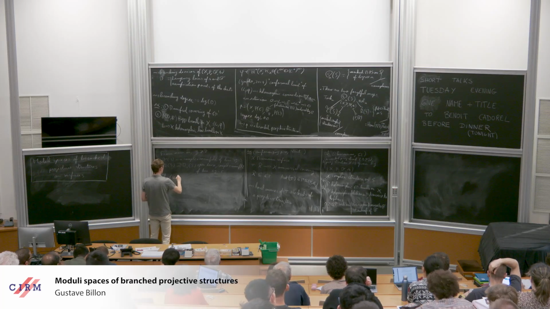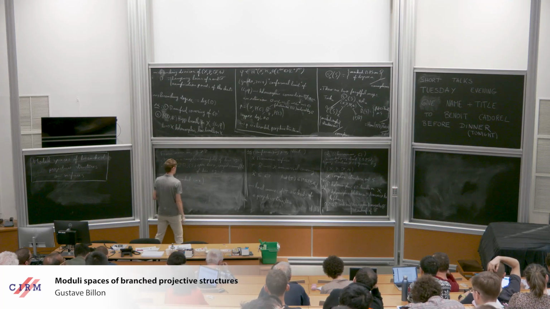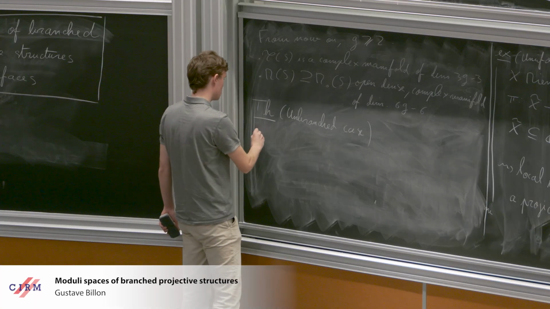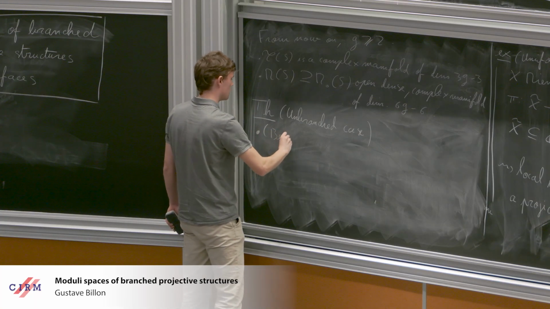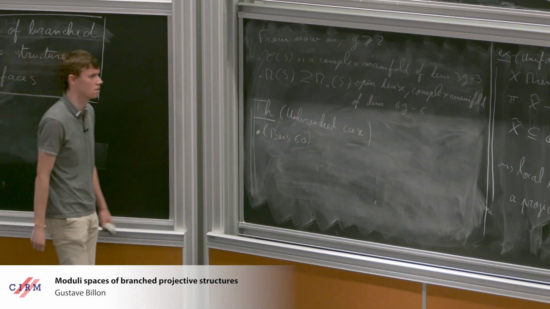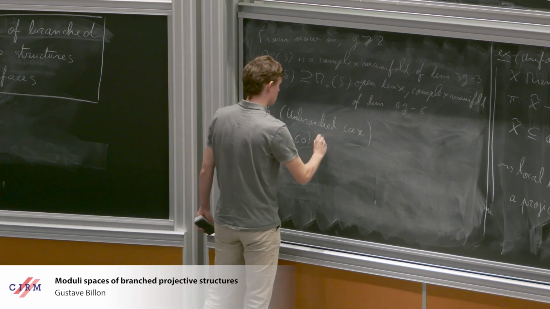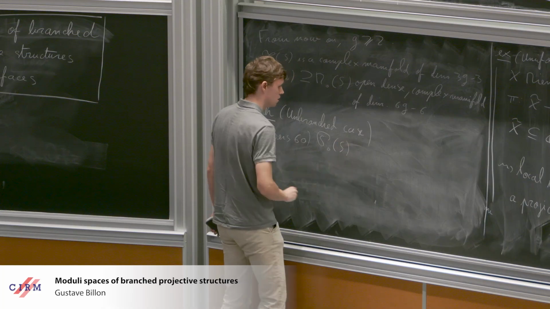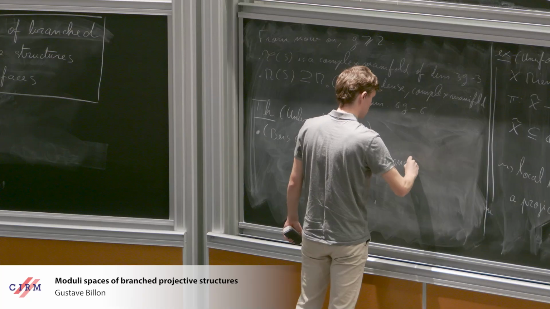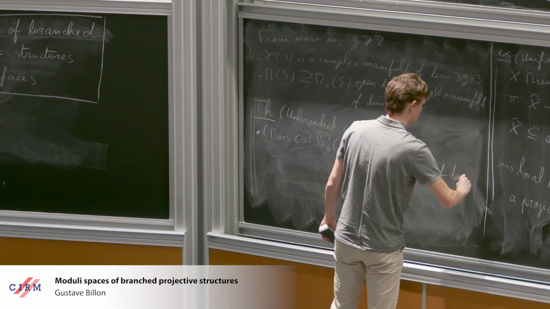The first point, it is classical, but there is an important result of Bers in 1960 that led to it: P_0(S) is a complex manifold of dimension 6g minus 6.